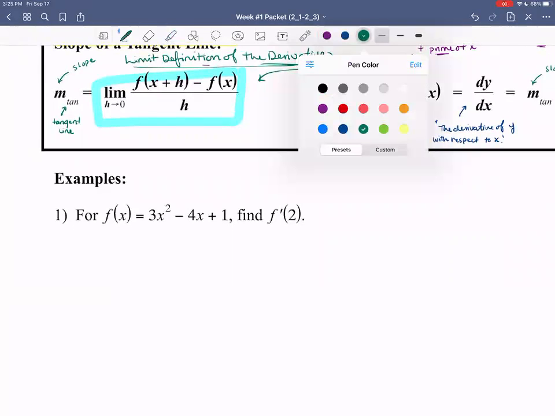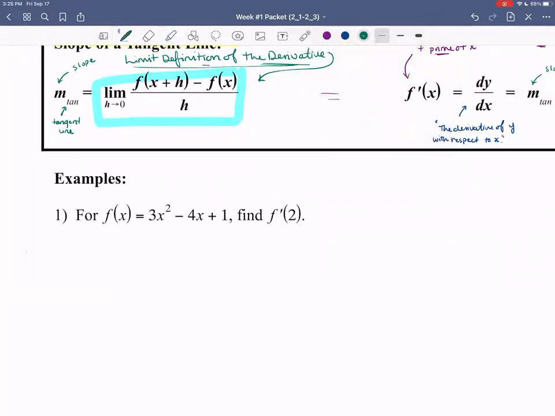So we first need to set up that difference quotient. We're going to compute the limit as h goes to 0 of f of x plus h minus f of x all over h. For us, f of x is 3x squared minus 4x plus 1.